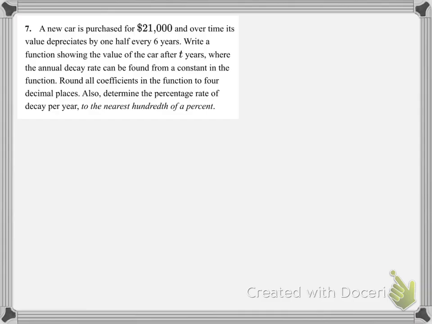All right, now, this actually has some real-life meaning to you. You have a new car. You got it for $21,000. And over time, its value depreciates, which means decreases, by 1/2 every 6 years. So it says write a function showing the value of the car after t years.